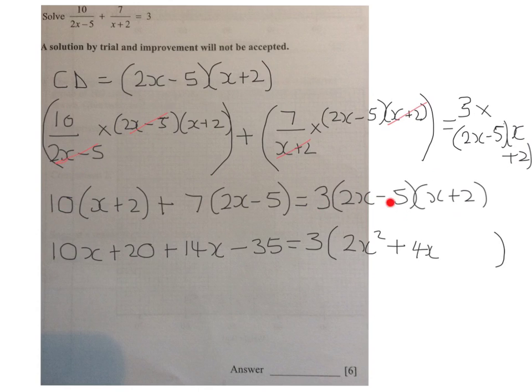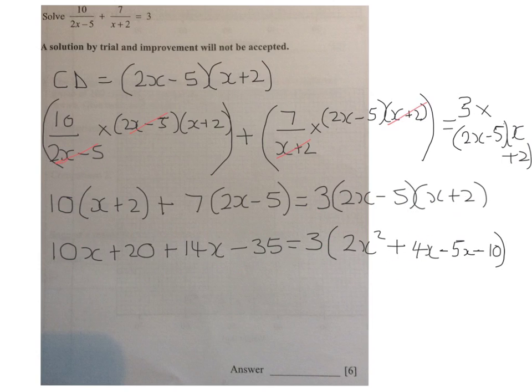Then we've got our inside terms, so that's minus 5x, and finally we've got our last two terms, so that's minus 10. Just about squeeze that in, I hope.